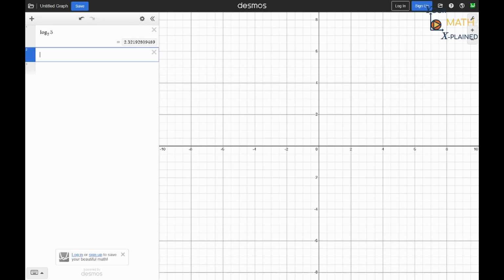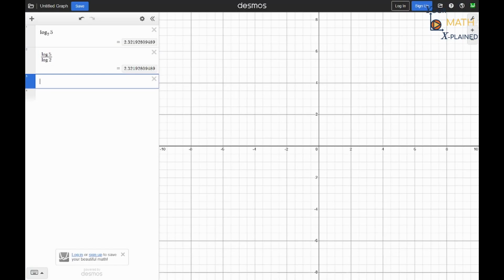Now we want to use change of base and rewrite this, let's say, in terms of base 10. Change of base says that this is going to be equal to log base 10, which we don't have to write the base. So that would be log of 5 divided by log of 2. And notice how it's the same.